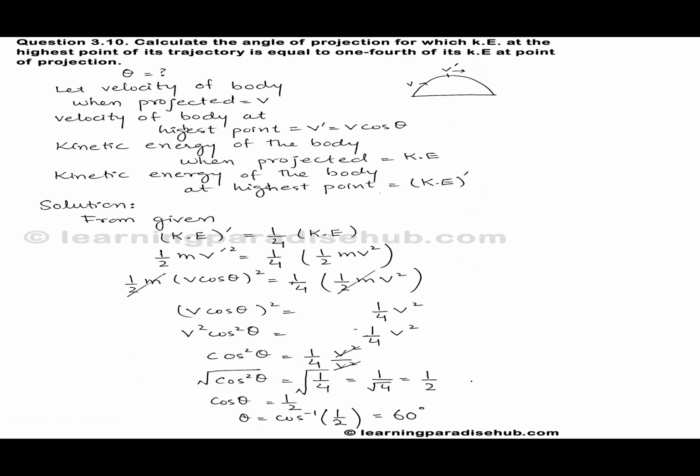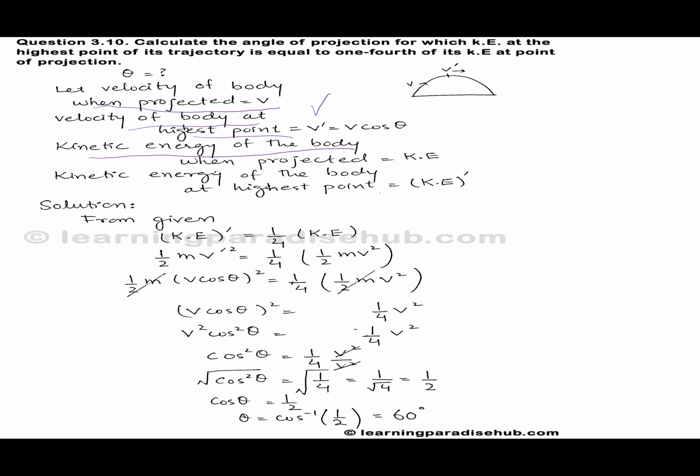Calculate the angle of projection for which the kinetic energy at the highest point of its trajectory is equal to 1/4 of its kinetic energy at the point of projection. For example, this diagram is given. Net velocity when projected is v. Velocity of the body at the highest point is v prime, v cos theta. This is the supposition.